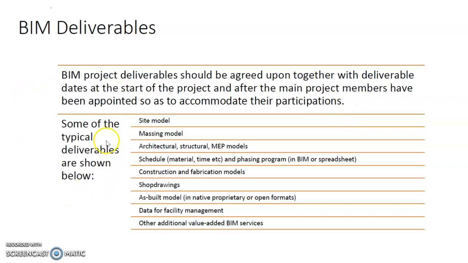Some of the typical deliverables are shown here. You deliver, for example, the site model or the massing model, architectural, structural and MEP models, the schedule and the phasing program, construction and fabrication model, shop drawings, as-built models, data for facility management, and any other additional value-added BIM services.